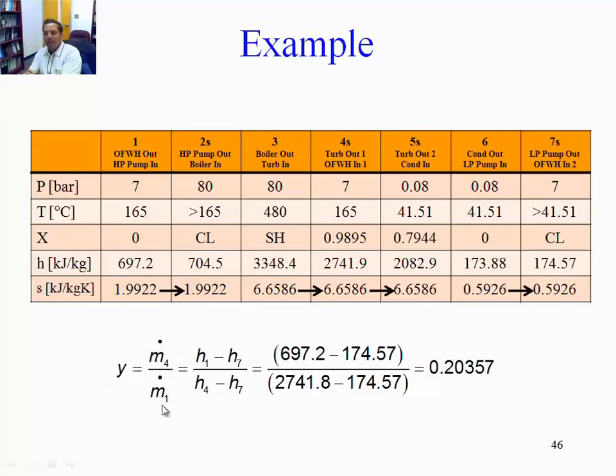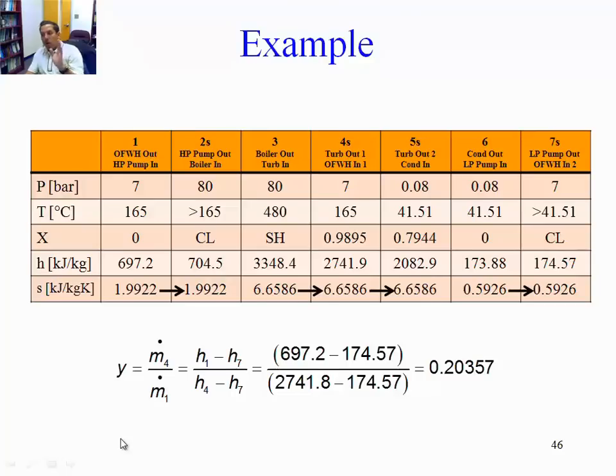Now we can calculate the fraction of water Y taken out of the turbine through the intermediate outlet, which, according to our analysis, was H1 minus H7 divided by H4 minus H7. Just locate these values in the table, and you'll see that about 20% of the water is extracted at the intermediate outlet in order to mix it so that it is preheated or regenerated before it goes into the boiler.